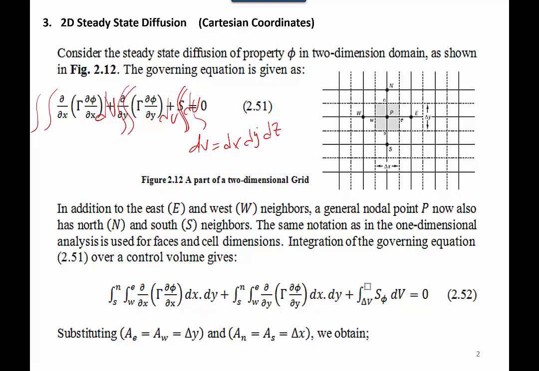Since phi doesn't change in the z direction, we take a unit value for dz, equal to 1. Therefore d volume will be equal to dx multiplied by only dy. And this double integral is from west to east and from small s to small n, and also from west to east and from south to north, and the same goes here and there.